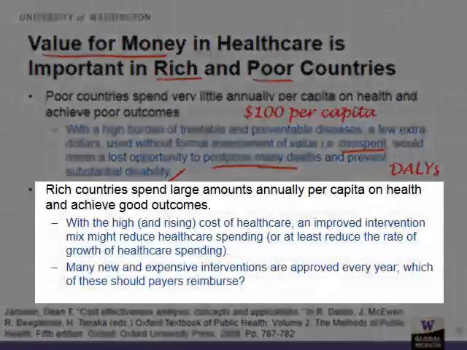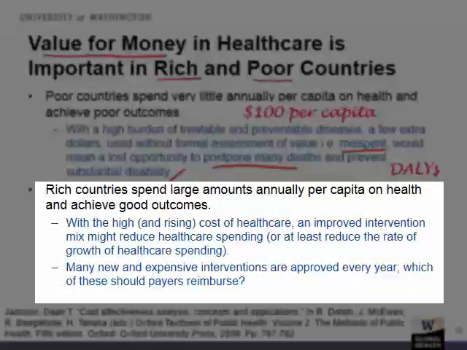Now, in rich countries, they have a different problem, because they've taken care of most of the preventable problems, but they have an issue with rising cost of healthcare. So in the US, essentially you have a huge amount of money being spent on healthcare. And given such a huge amount of money being spent on healthcare, economic evaluations really are to do with reducing the rate of growth of health expenditure and reducing the amount of money that the economy is spending on healthcare as a proportion of gross domestic product.